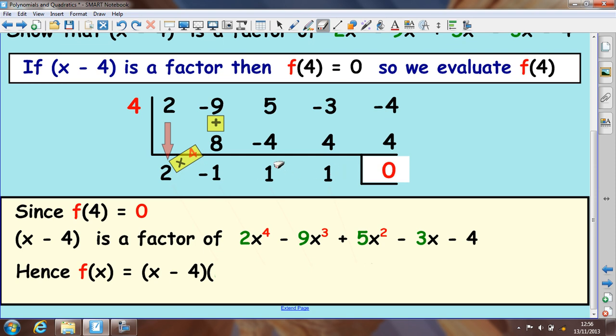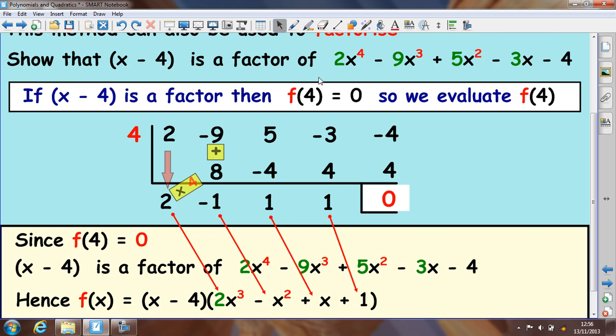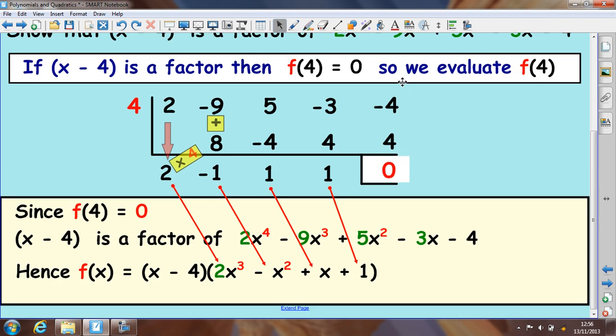So if you look at that down here, these translate. There's your 1, that's your coefficient here, that's your coefficient here, and that's your coefficient here. So you multiply x minus 4 by all of this to get that, and that's us factorised.